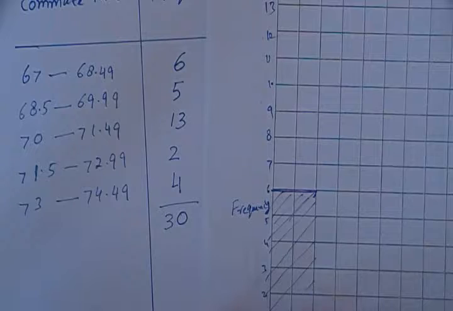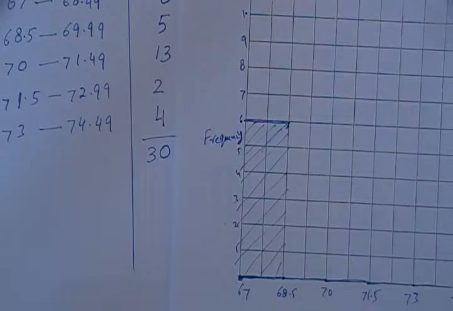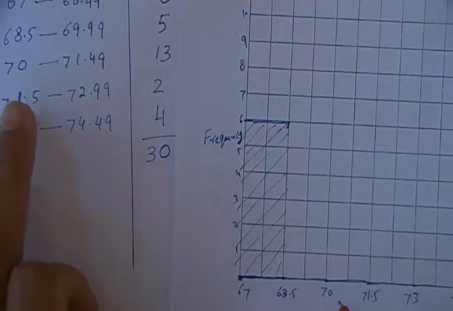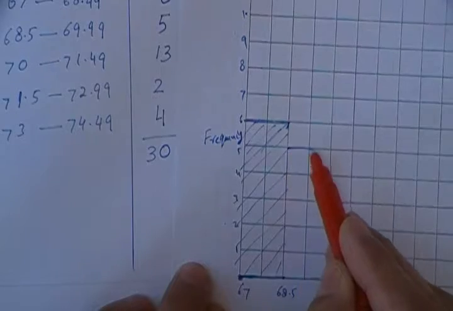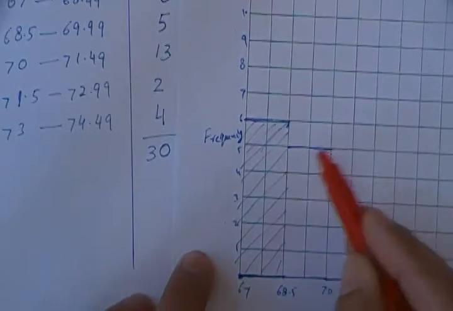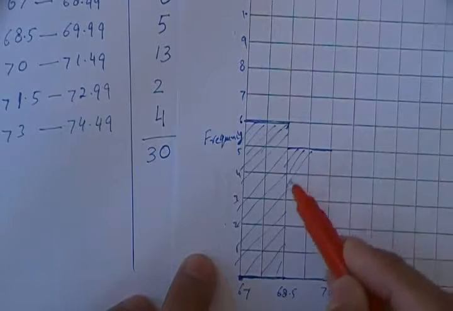This is our bar, or rectangle, representing the first class. For the second one, 68.5 to 70, the height is 5, so it's a little bit down here, this one. Again you can highlight this part.